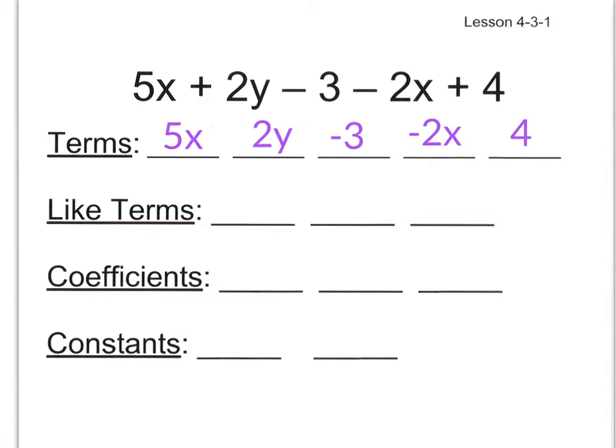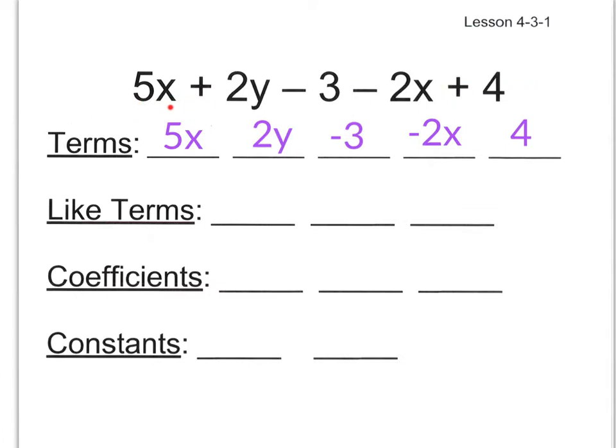So remember, I asked you to have 2 different colors at a minimum, but hopefully 3 different colors to highlight with, or crayons or colored pencils. So I'm going to use these to help us identify the like terms. So I'm looking through my terms, and I'm looking for something that matches with both the variable and the exponent.